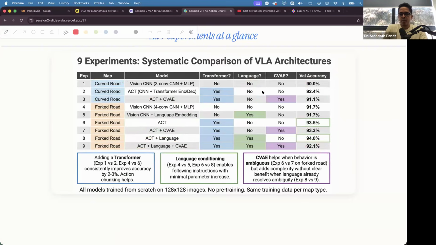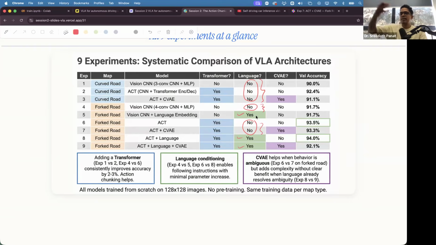So training data for all these experiments plus these two experiments were the same without any language intent. Actually, you know what? Not the same. My bad. For these three, it's the same because this is a different map. For this plus these two, it was the same. So I had one set of training data for this, another set of training data for these three. Then I had another set of training data for these three where it is forked road with language intent.